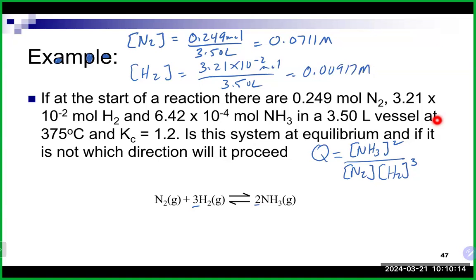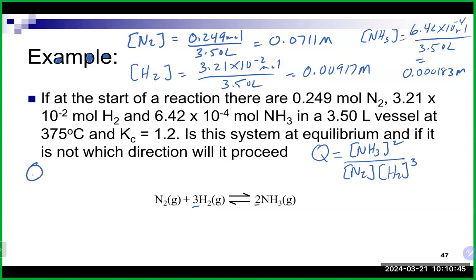And lastly, we'll do the same thing for our NH3. In this case, we have 6.42 times 10 to the minus 4 moles over 3.5 liters. I punch it in, there we go, 0.000183 molar.